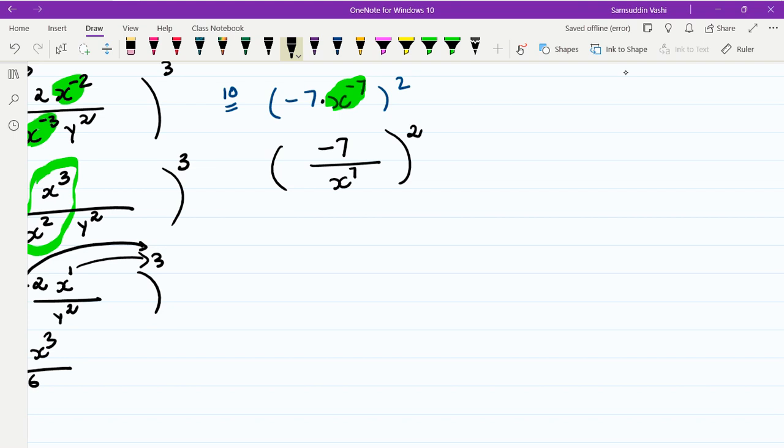Can I work inside the bracket? Is any simplification possible? No. So now I will apply power 2. So negative to the power of 2, positive. 7 squared. And x to the power of 7 to the power of 2, 49. 14.